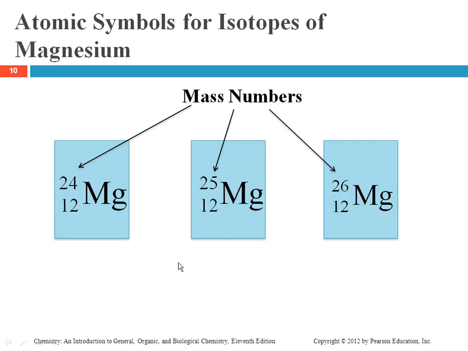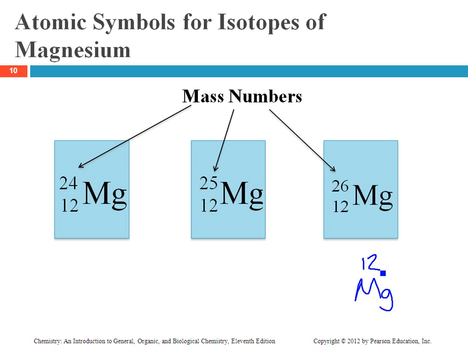Okay, so if we have a big quantity of magnesium, it doesn't just exist as one isotope. How we write this is kind of opposite of what you'd think. When you look on the periodic table, you see that magnesium has its atomic number on the top of it, a 12 up above it.